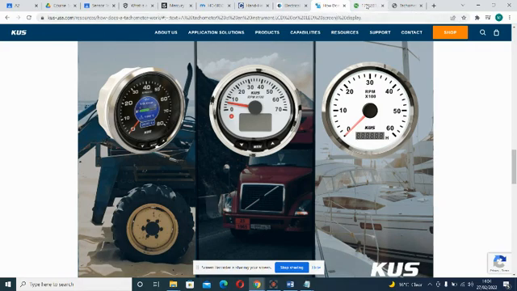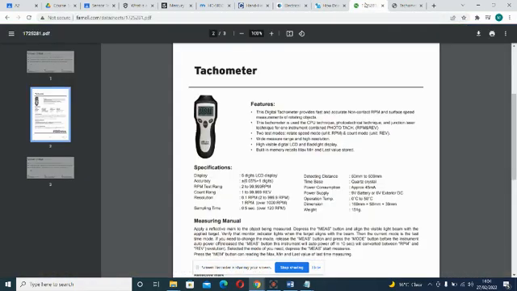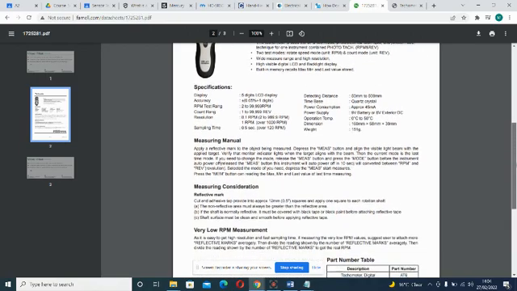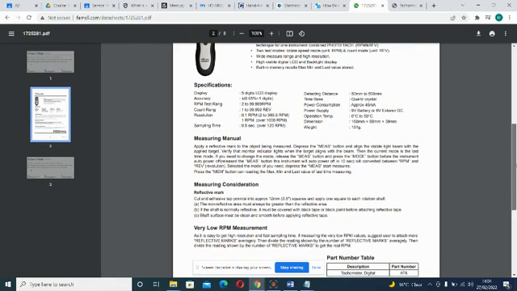The data sheet tells us about this simple tachometer. It is fast, accurate, and very reliable. It uses the CPU technique, has wide measure ranges and high resolution.